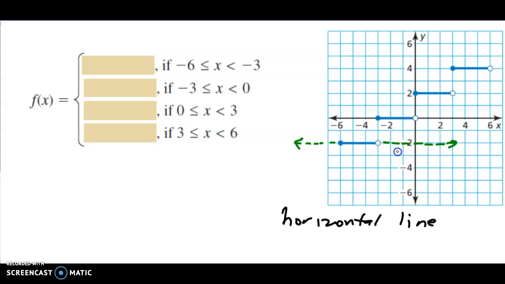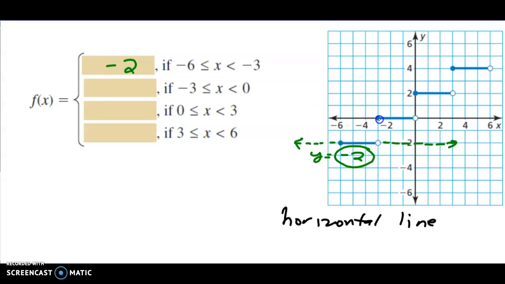So if this line were extended, that's actually y is equal to -2, right? So that means this blue line here with a closed circle and an open circle on the right hand side can also be represented by the same expression. So for the first domain, the expression is f of x is equal to -2.